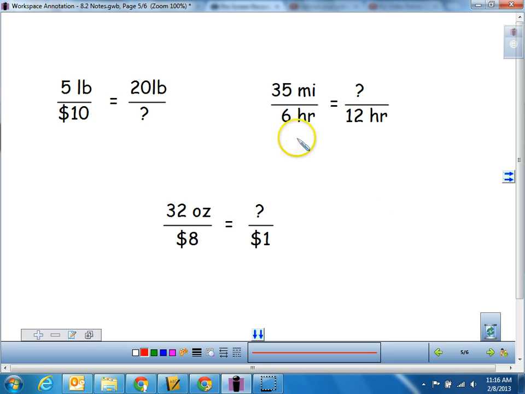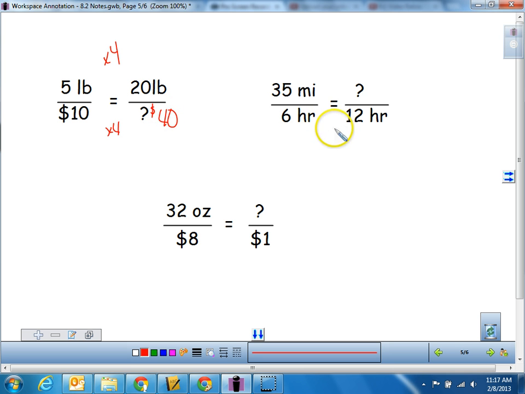So here we have some more equivalent rates. And we're going to treat it just like we have in the past. Figuring how do I get from 5 to 20? We took it times 4. So if I took the top times 4, I got to take the bottom times 4. 20 pounds per $40.